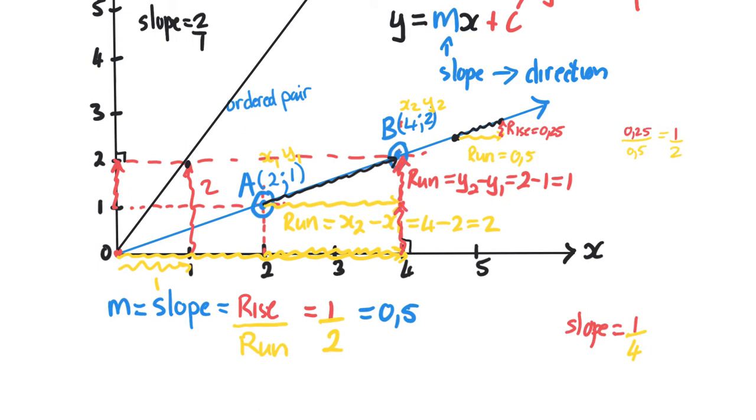And so then we would end up with a line that goes through the point 4, 1. And so you can see that that line is much less steep than the line that's got the slope of a half, and certainly it has less steepness than the line that has a slope of 2 over 1.